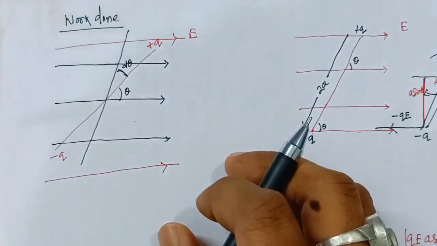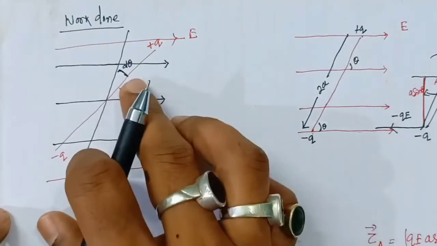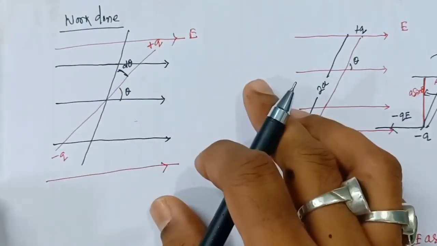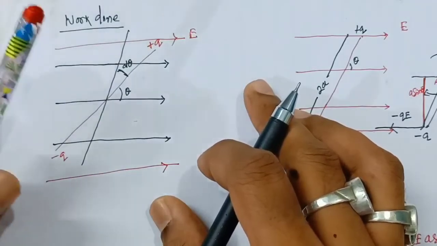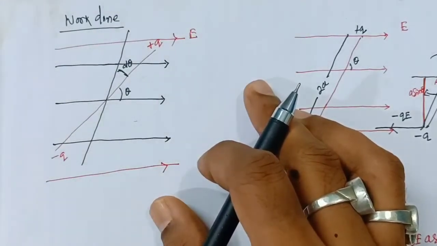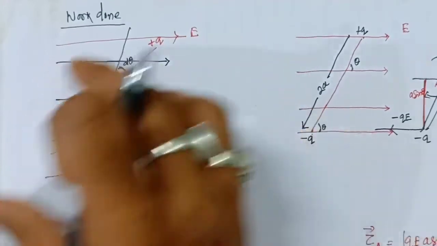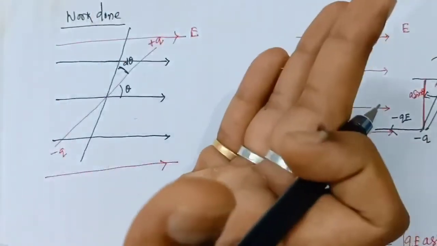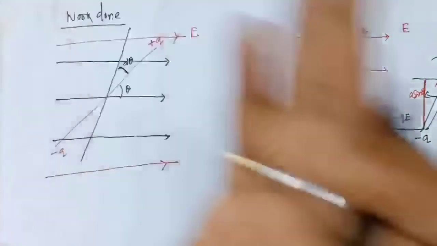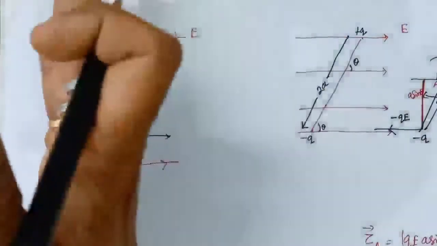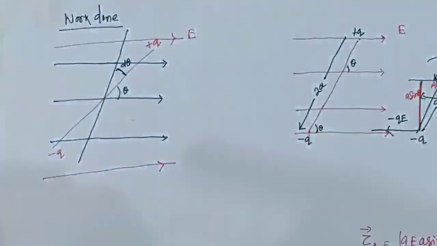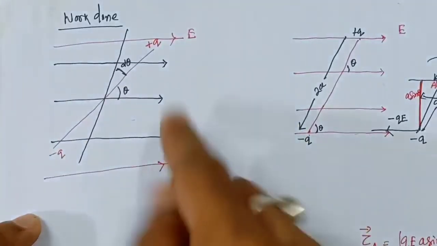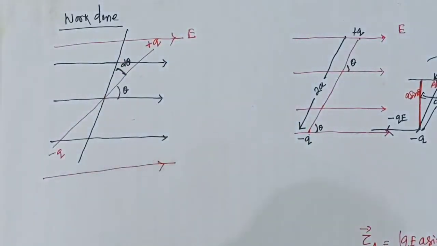It will involve some work. Very carefully one has to think about it. Initially the dipole was like this, and I try to rotate the dipole like this. Due to the electric field, this dipole would come down like this, but I rotate it like this, by d theta.